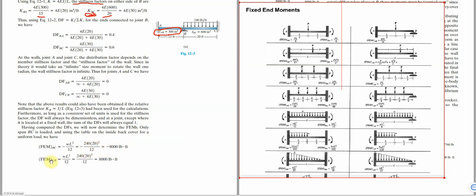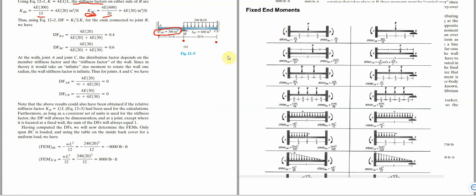Now, if I'm considering the fixed end moment from C to B, that is in this direction. Sorry, let me put my pen. From C towards B, the fixed end moment is WL square over 12, which is 240, which is this, times 20 square. 20 square is the span from here to here, divided by 12.